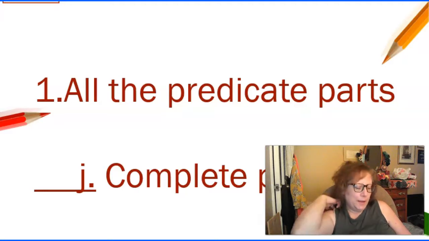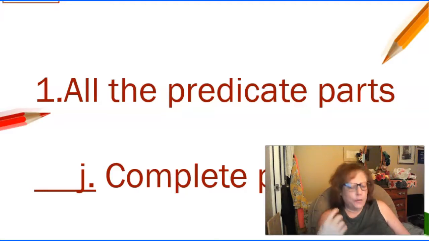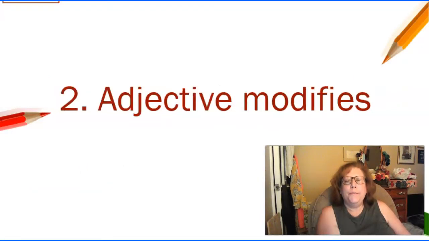So you're going to be following along, filling in the letters in the blanks, and we're going to go in order. So hopefully it's not too fast, but you can always pause it. Now our second one, this one should be super easy. Adjective modifies. And we all know what adjectives hang out with, so I shouldn't even need to help you. So I want you to go down and find something that you think might be what an adjective modifies.